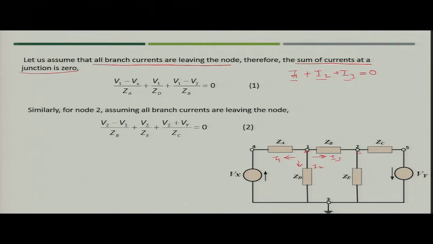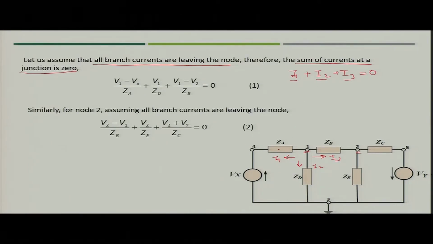What is the value of I1? I1 would be the voltage difference between V1 and V4 divided by ZA. What is the voltage of V4? V4 is nothing but Vx, because Vx is connected between node 4 and node 3.